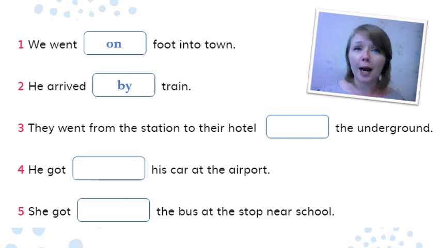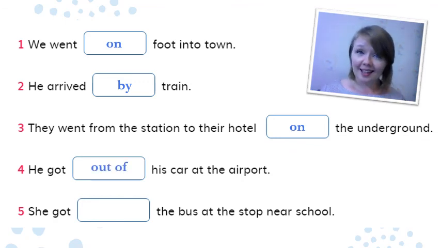By train, by bus. Number 3, they went from the station to their hotel, the underground. Remember, the underground is the subway, so here we'd say on the underground, on the subway. I went there on the subway. Number 4, he got his car at the airport.